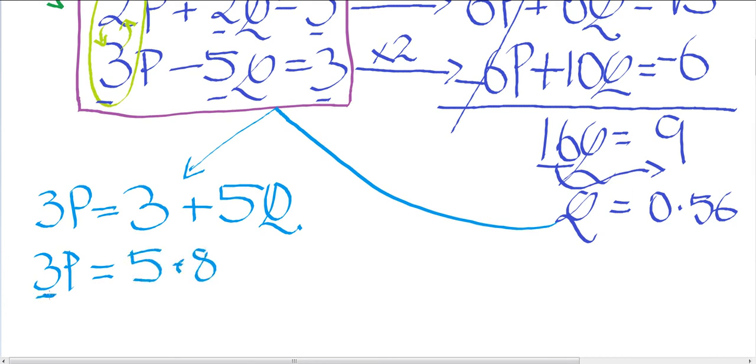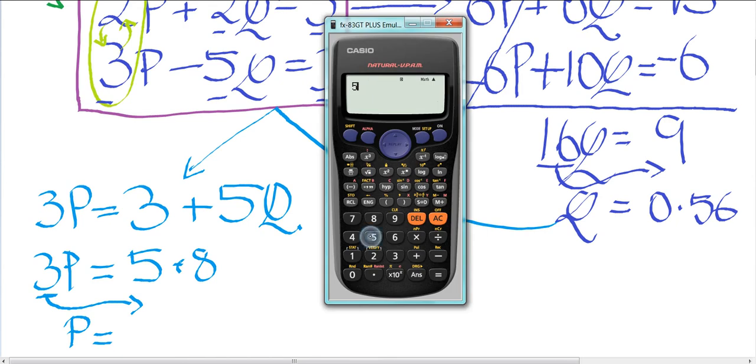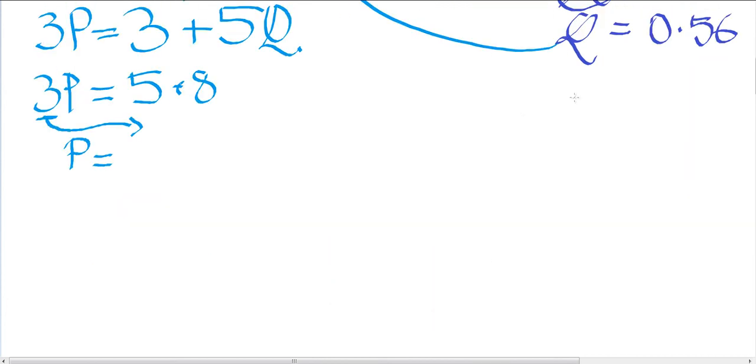And now there's a 3 being multiplied on that side, so it comes down and is divided on the other side. So p equals 5.8 divided by 3. 5.8, press the fraction button, 5.8 fraction 3. And I get, change it to a decimal, 1.93.